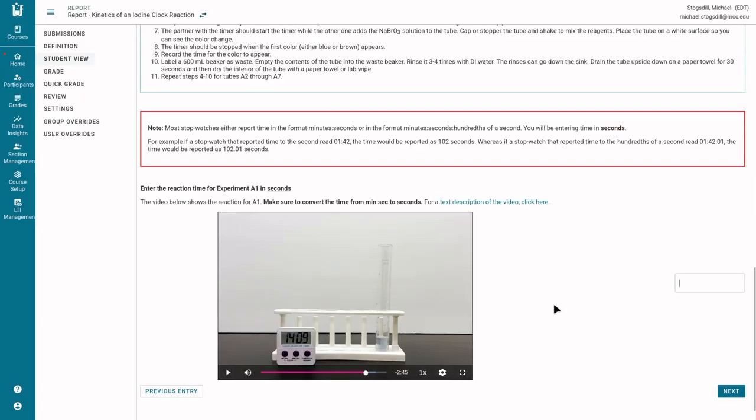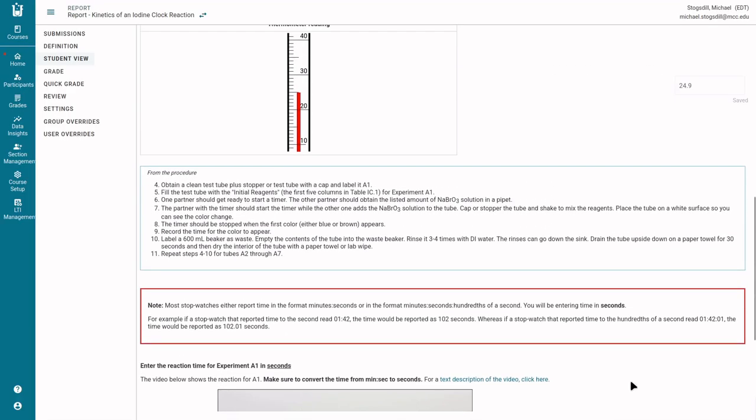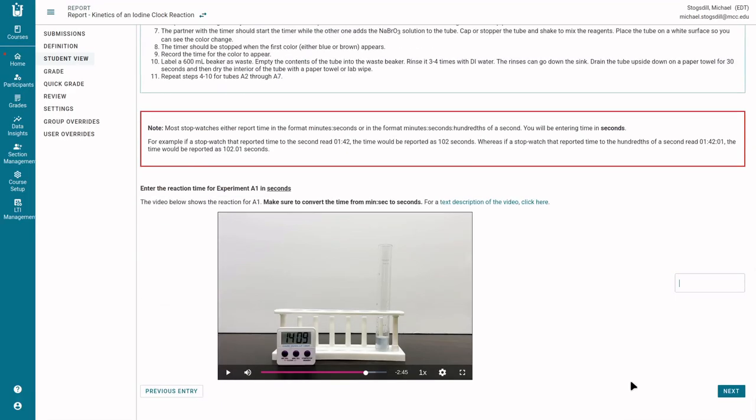So before you start entering that data again, because you need to change something, read very carefully the error that they're giving you, because you don't want to go changing stuff that was already correct. You really want to make sure that you're changing the one that they're having an issue with.